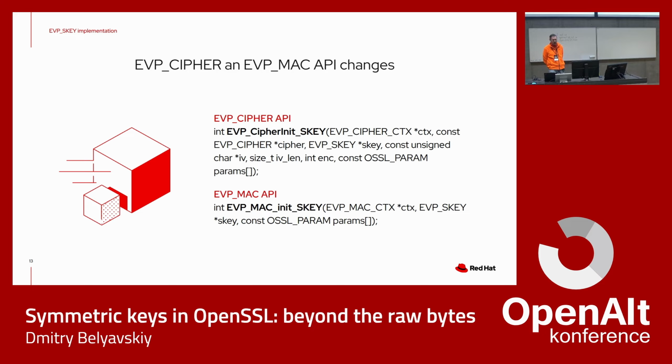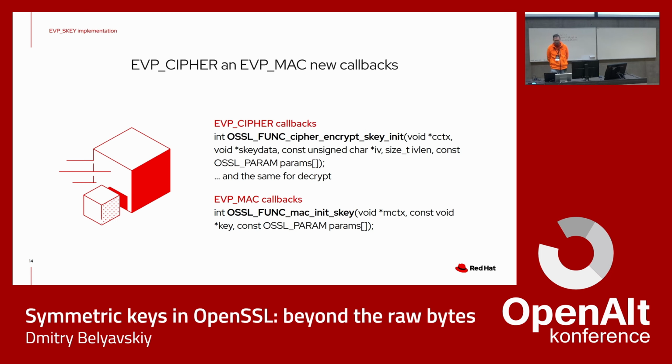Now you can accept the OpenSSL object instead of a raw bytes array. Same for EVP_MAC. You had the function EVP_MAC_init. Now you have a function EVP_MAC_init_SKEY that should take the SKEY object.